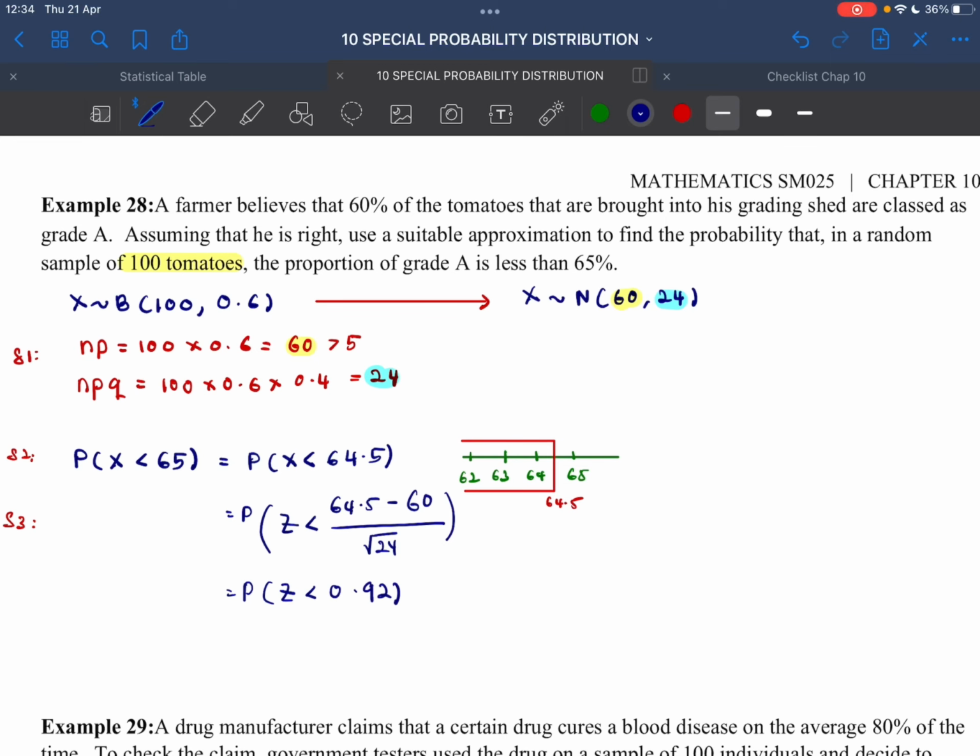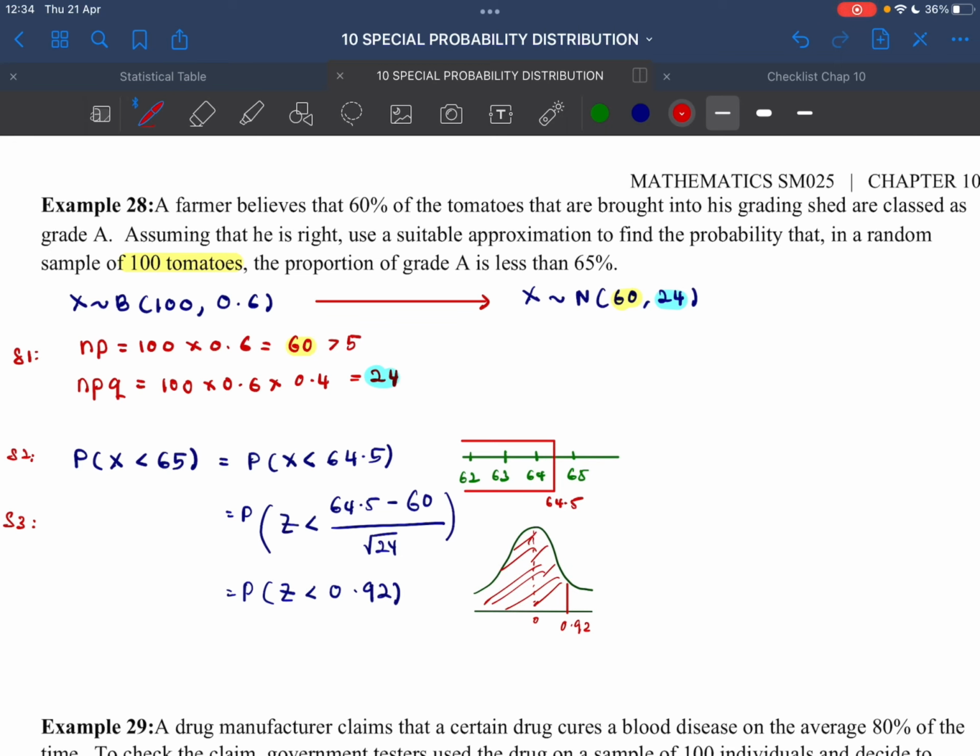Okay, so already in standard normal distribution, so what we have to do is draw the bell shape. So we have 0.92 positive, since this is 0, so 0.92 is on the right hand side. The question said less than 0.92, so all on the left hand side.